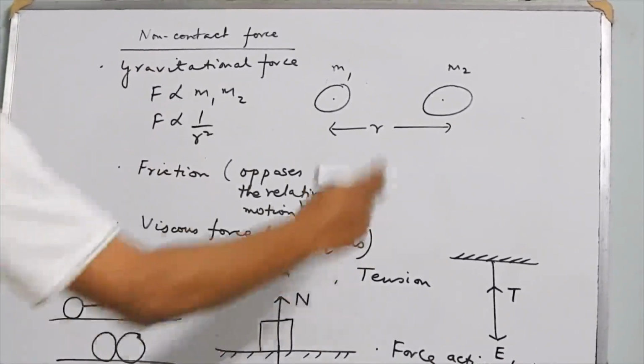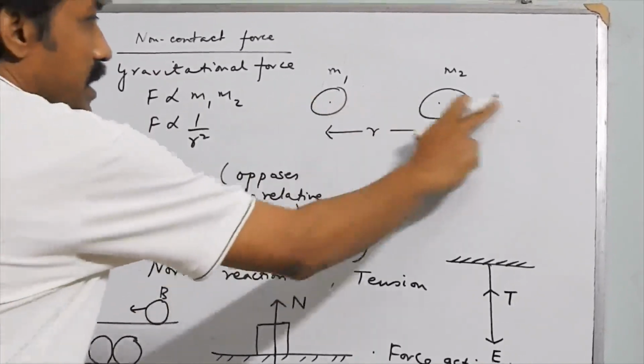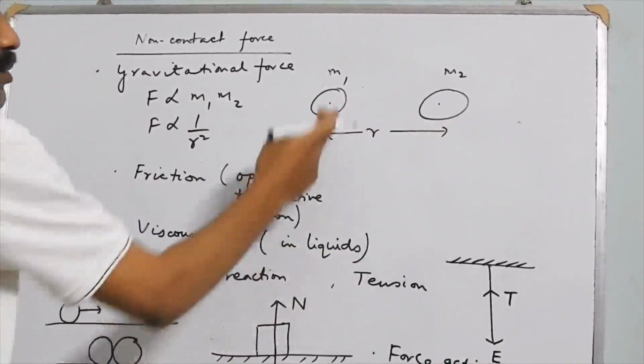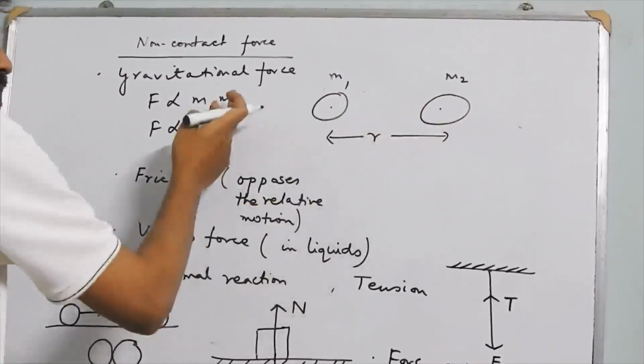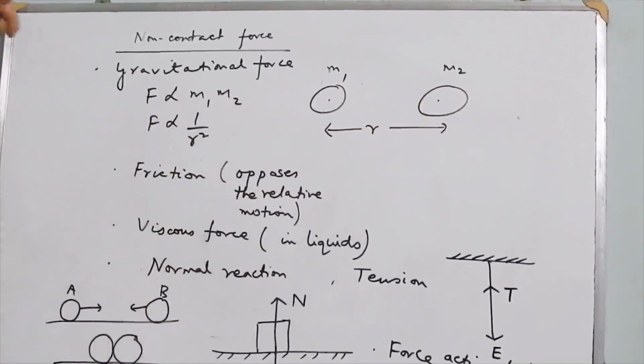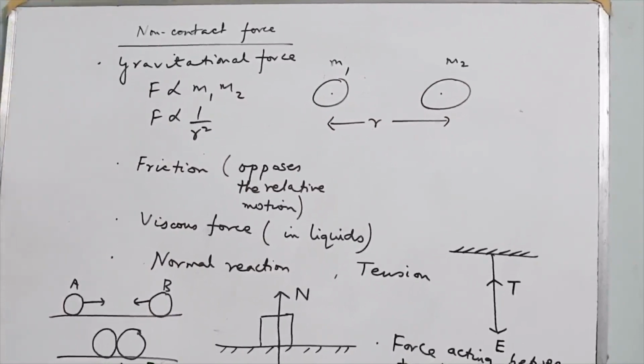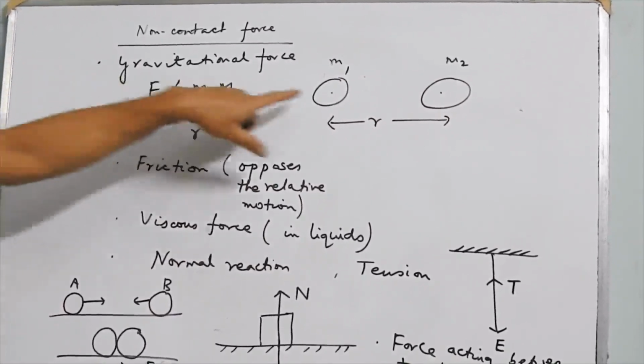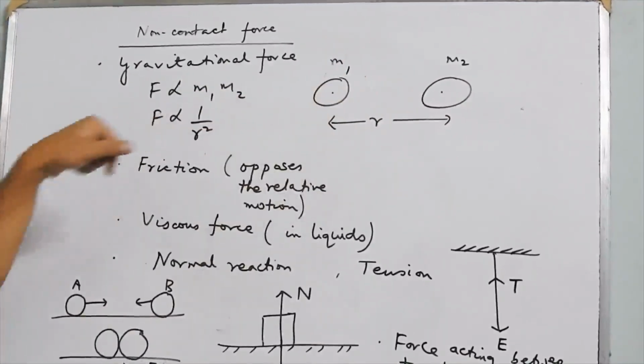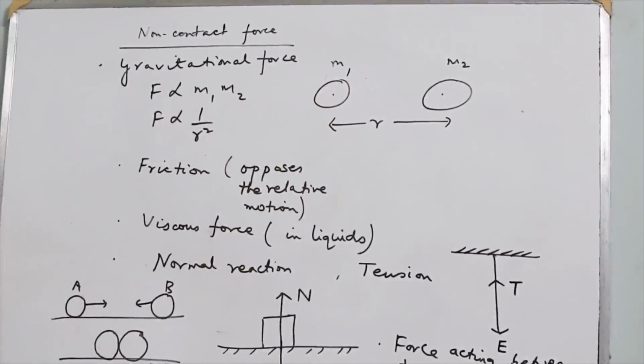If the body 2 pulls the body 1 along this direction, then definitely body 1 will pull this body 2 along this direction. So this gravitational pull is a non-contact force, and it is proportional to the product of the masses of the bodies and inversely proportional to the square of the distance.